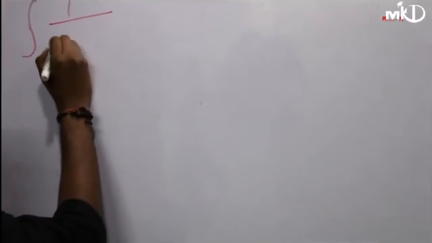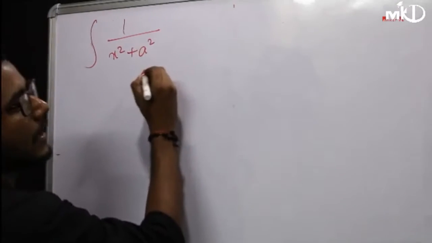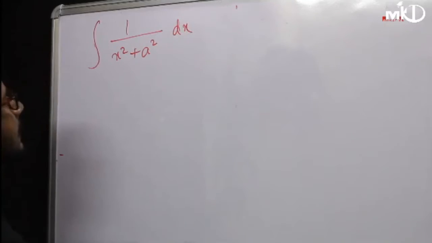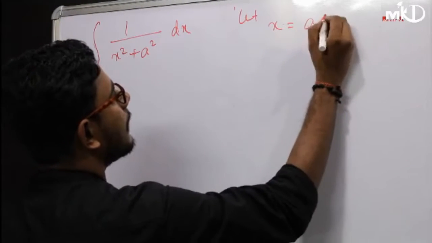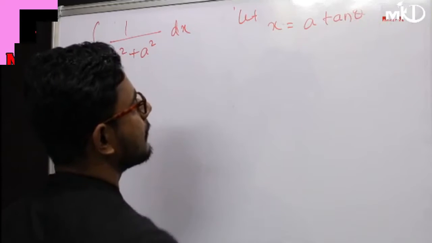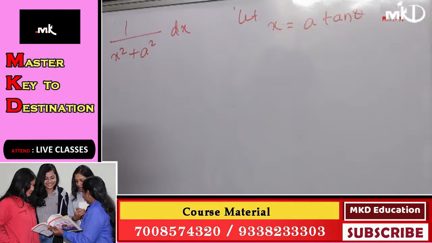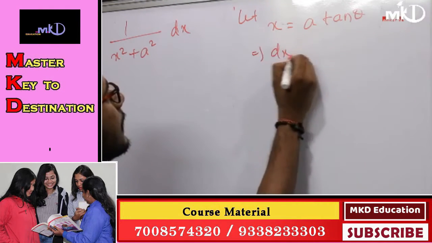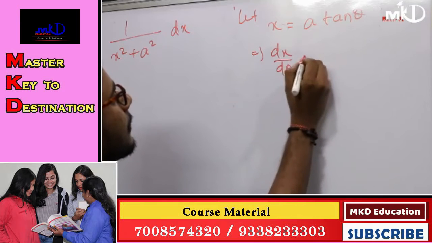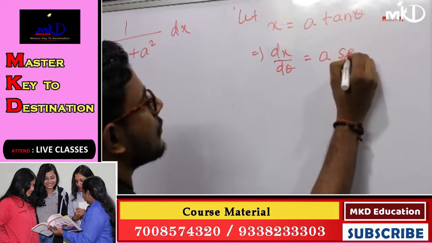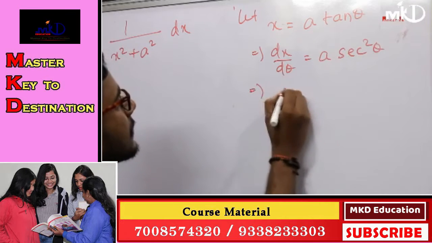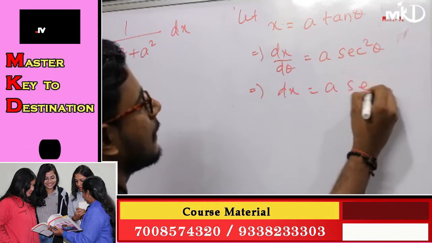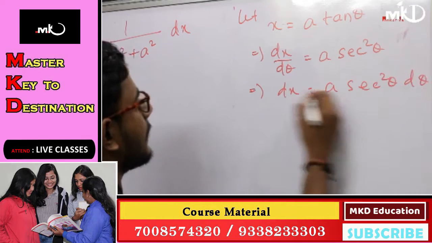So here we have to find the integration of 1 by x square plus a square dx. So let x equal a tan theta. Then what will our dx be? dx by d theta will be a sec square theta, so dx will be a sec square theta d theta.